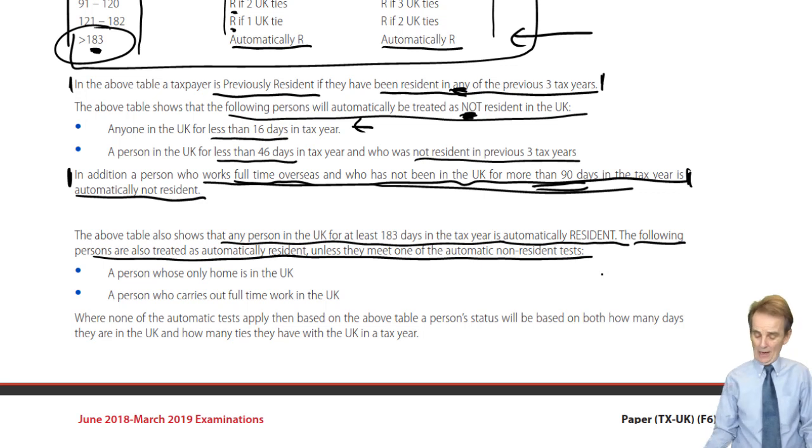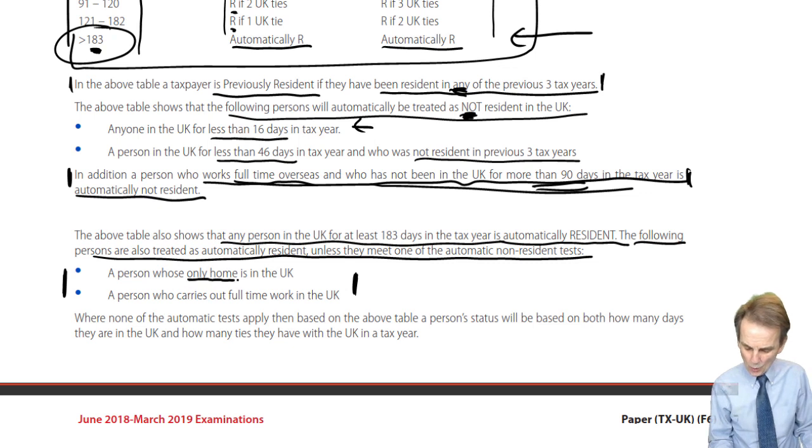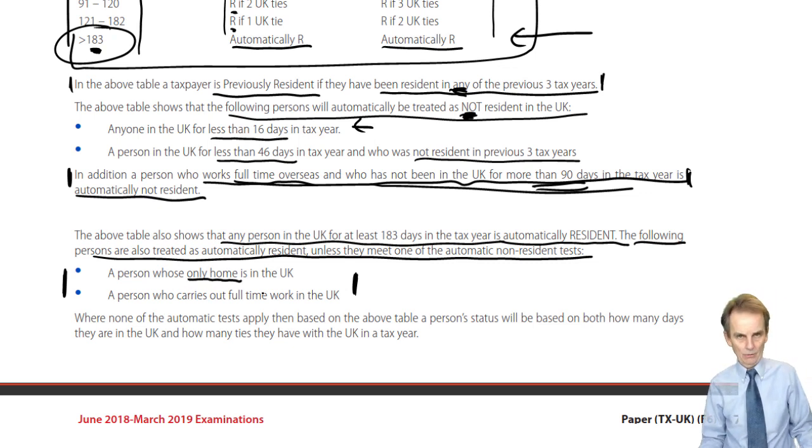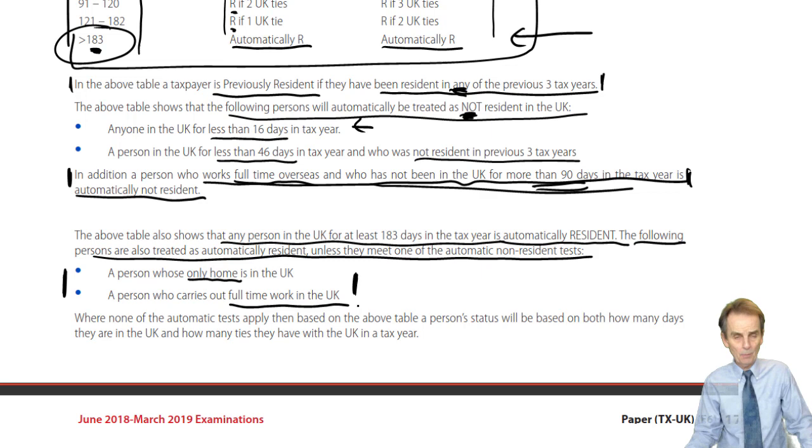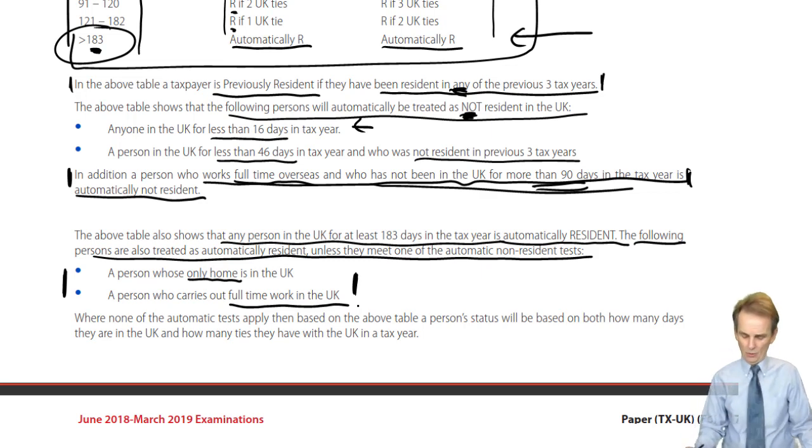And again, ones that you have to learn. A person whose only home is in the UK is automatically UK resident. A person who carries out full-time work in the UK, again, you'll be told whether or not that is the case, is automatically UK resident.